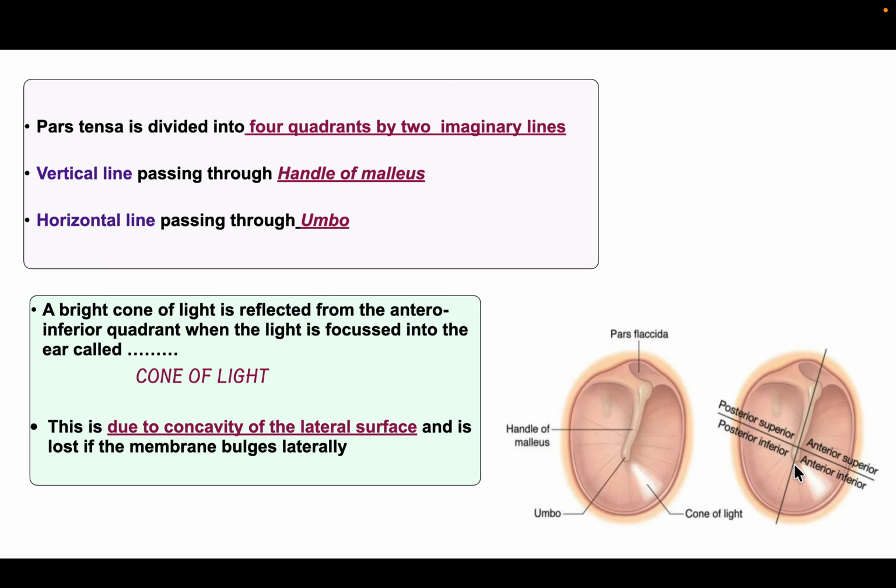Now a bright cone of light is reflected from the anterior-inferior quadrant when light is focused into the ear, which is called the cone of light. Normally it is seen because of the concavity of the lateral surface and is lost if the membrane bulges laterally. So this is a very important applied aspect also.